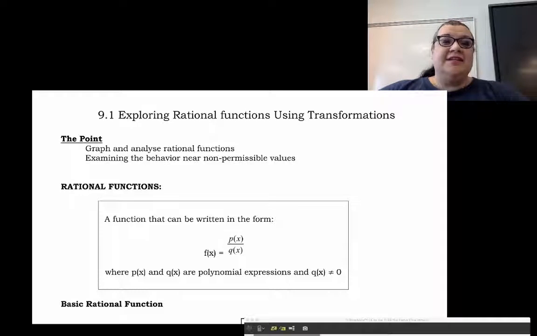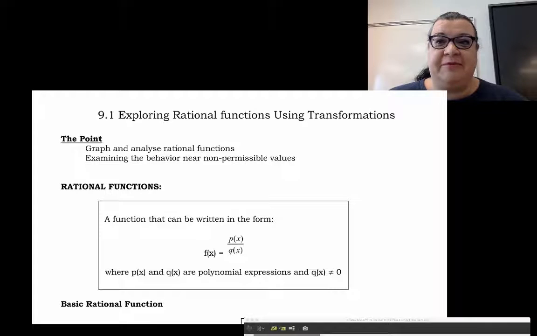So the two main things we want to get at today are the ability to graph and analyze a rational function and to take a look at what the end behavior of that function is when we get close to the non-permissible values.